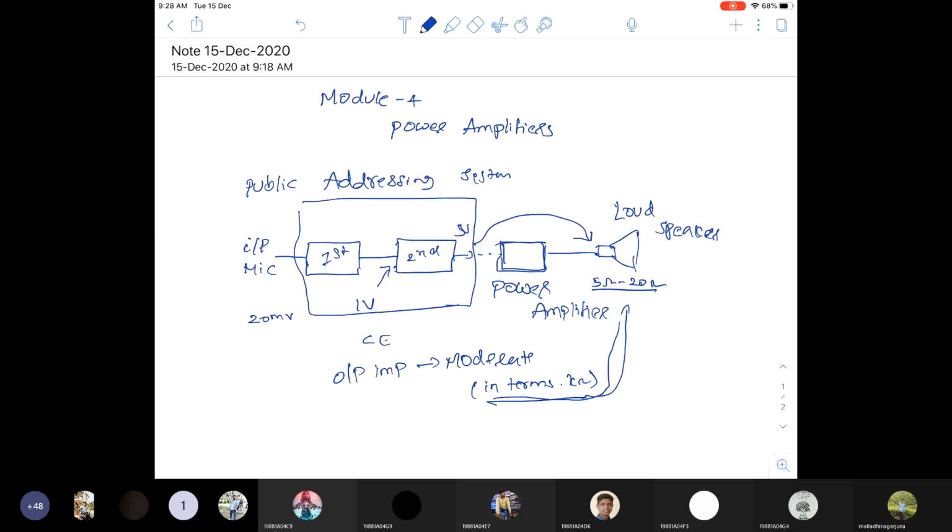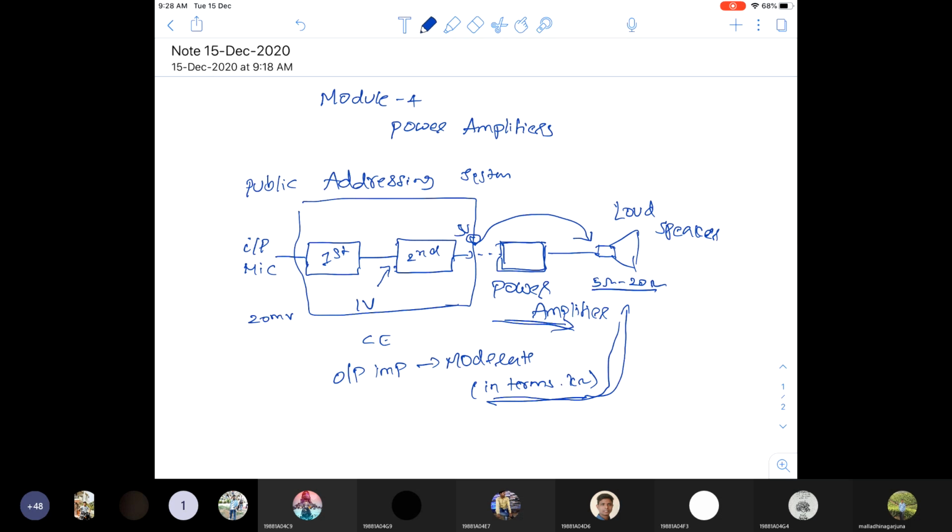We insert a power amplifier between the loudspeaker and the multi-stage amplifier, to match the output impedance of the multi-stage amplifier to the input impedance of the loudspeaker. This is the first objective. So the need of a power amplifier, first, is for impedance matching.